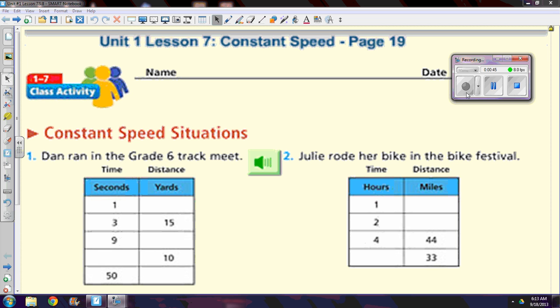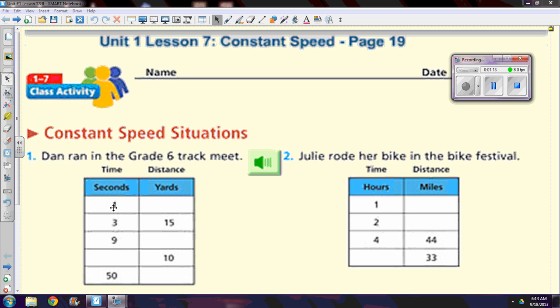So you're trying to figure out the constant speed, the unit rate if you want to look at it that way. Number 2 says Julia rode her bike in the bike festival. Again, time and distance, hours and miles now. We're trying to figure out in 1 hour how many miles did she ride if in 4 hours, 44 miles.